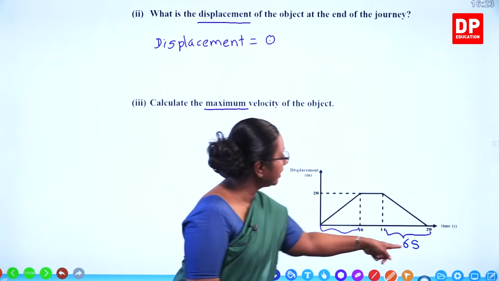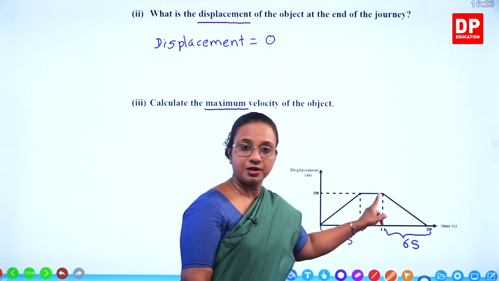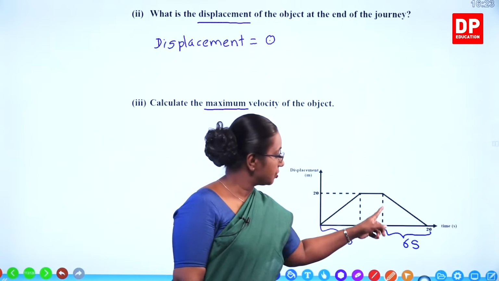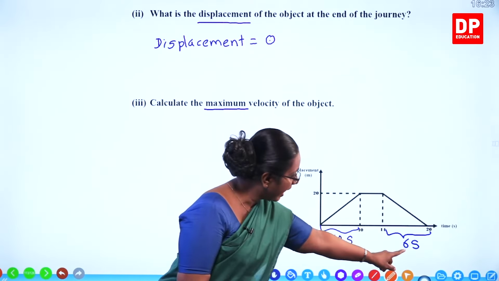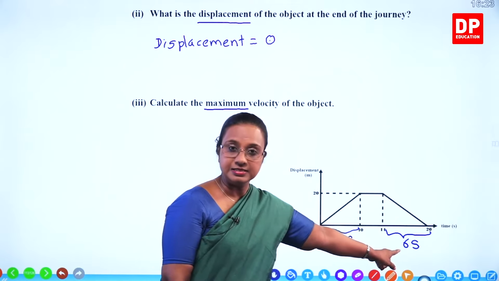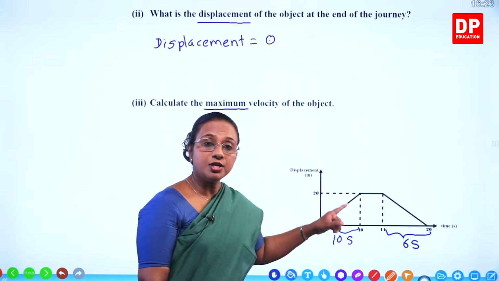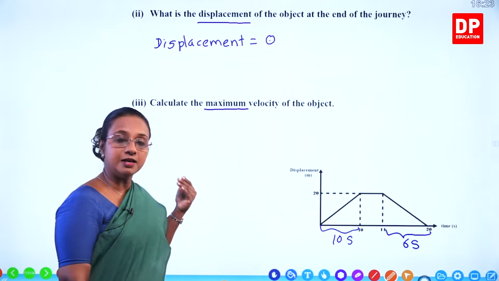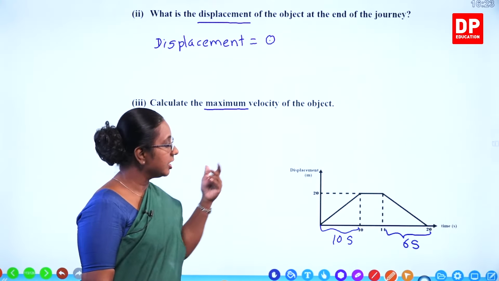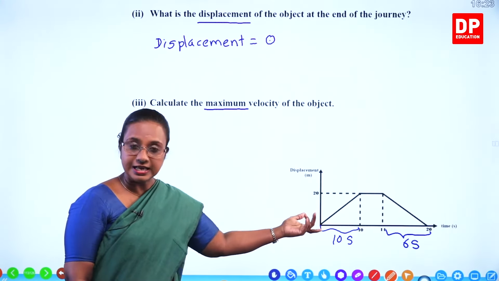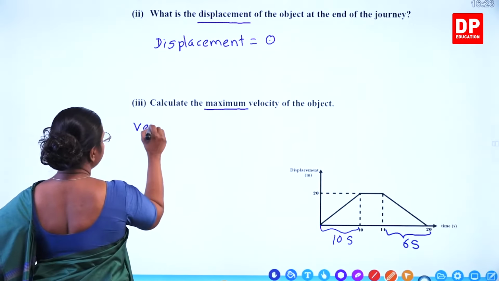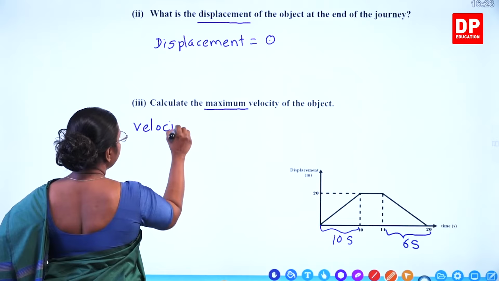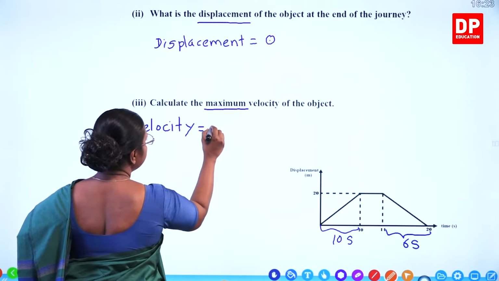So therefore it will be at this part of the motion. So here the displacement is 20 meters and it is in 6 seconds. In order to mention that it is in the opposite direction, we will be using a negative value because velocity is going to be rate of change of displacement.